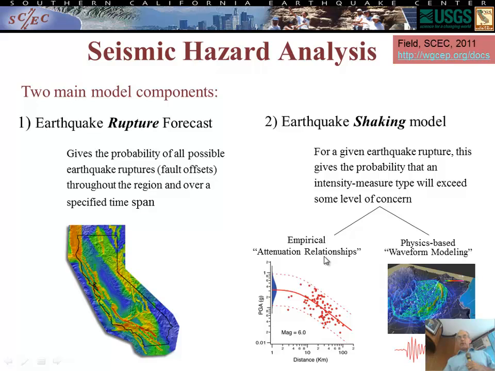Empirical attenuation relationships are the most common, and physics-based is the future. But as I said, this gap, the uncertainty in peak ground acceleration as a function of distance, is one of our biggest uncertainties in this work. It's actually more poorly understood than even the geology side of things in terms of active faults.